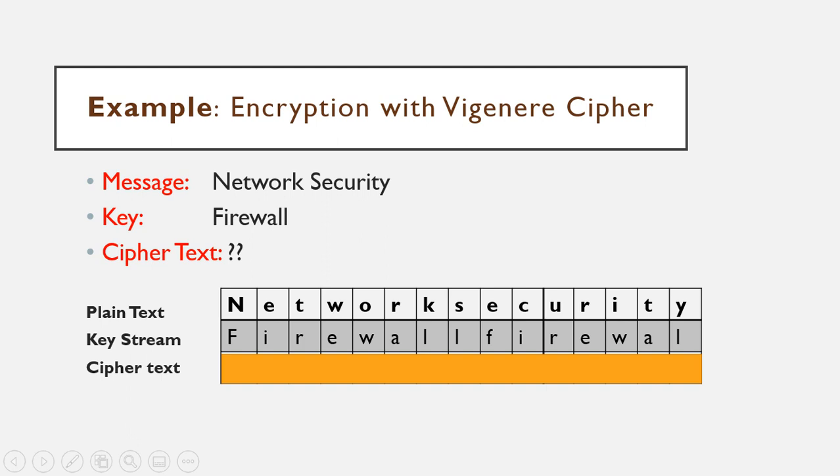Again repeat firewall. So if the text were greater than this, then we would have to repeat this keyword up to the length of the plain text. That's how we generate the key stream. So this is referred to as the key stream.